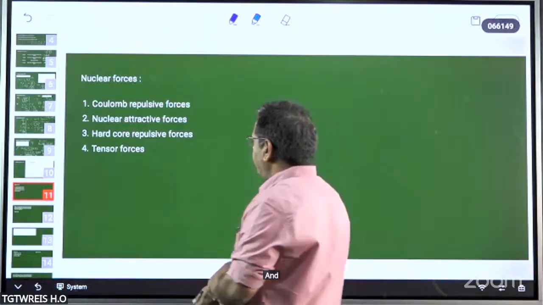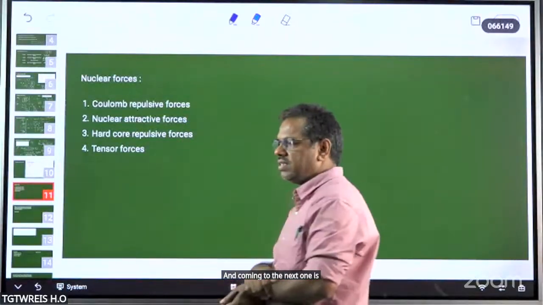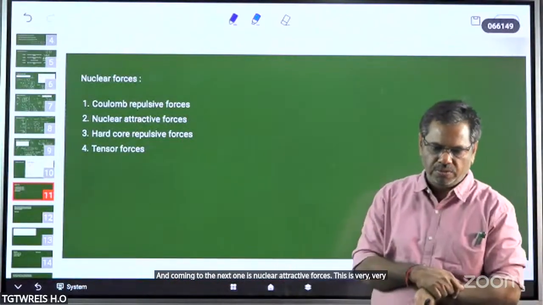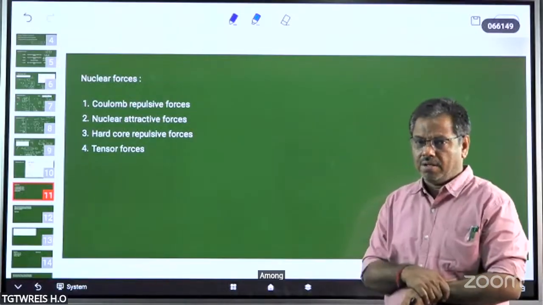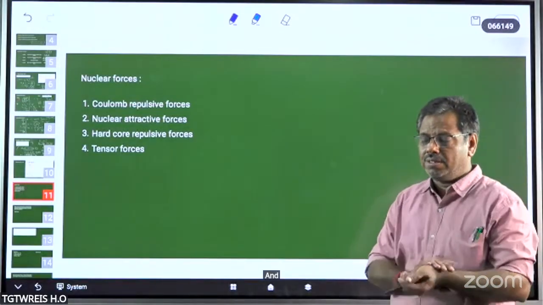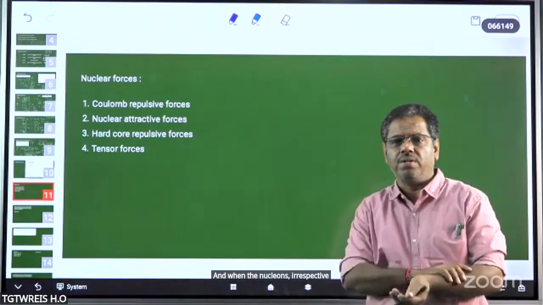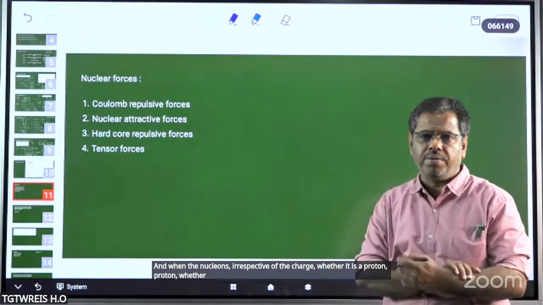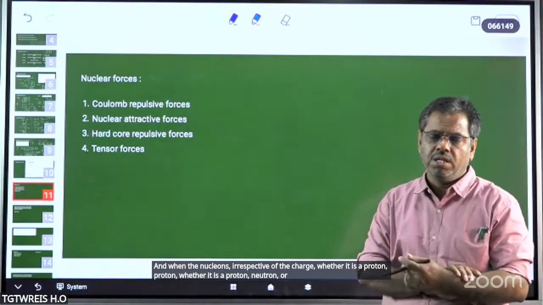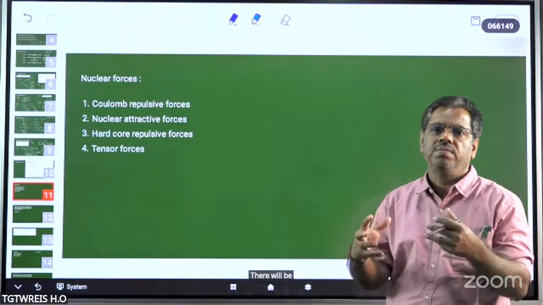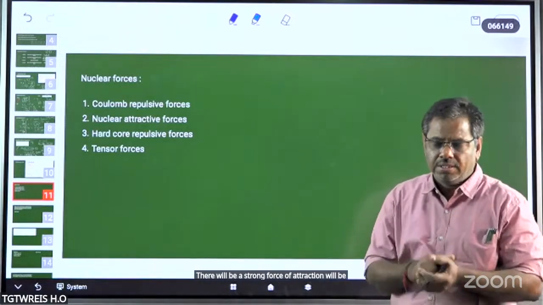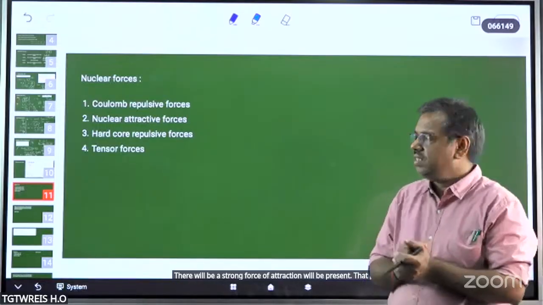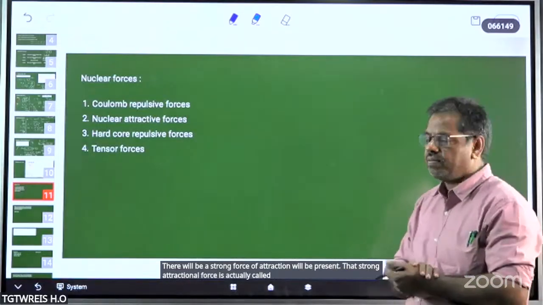Coming to the next one, nuclear attractive forces. This is very important. Among the nucleons, irrespective of the charge, whether it is proton and proton, proton and neutron, or neutron and neutron, a strong force of attraction will be present. That strong attractive force is called the nuclear force.